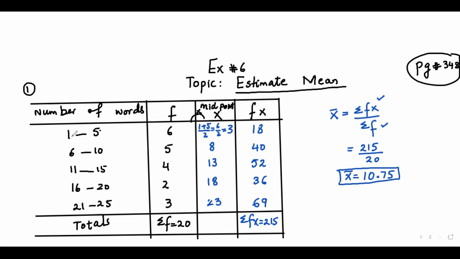Like this is the range 1 to 5: the numbers 1 to 5 are coming 6 times, but we are not sure which number from 1, 2, 3, 4, 5 is coming how many times, because collectively they said that 1 to 5 words are coming 6 times. So the collective frequency is given for this whole class.